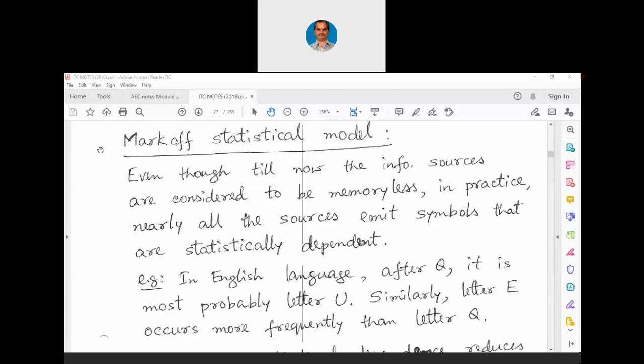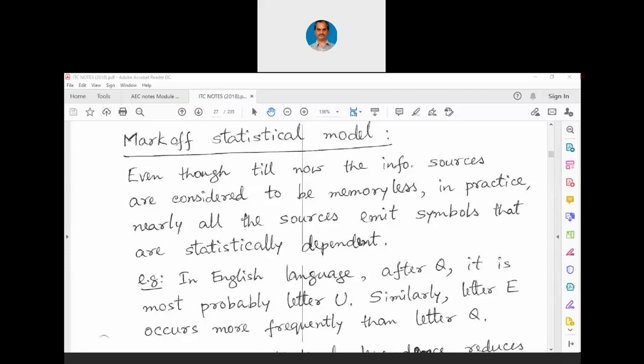I thought, let me make these lectures more and more colorful or more and more decorative by using PowerPoint slides or by using animations. But I could not find immediately any such material which is available in the net as such. The reason is this is a very primitive fundamental course, and in general this course is studied primarily by electronics and communication students.